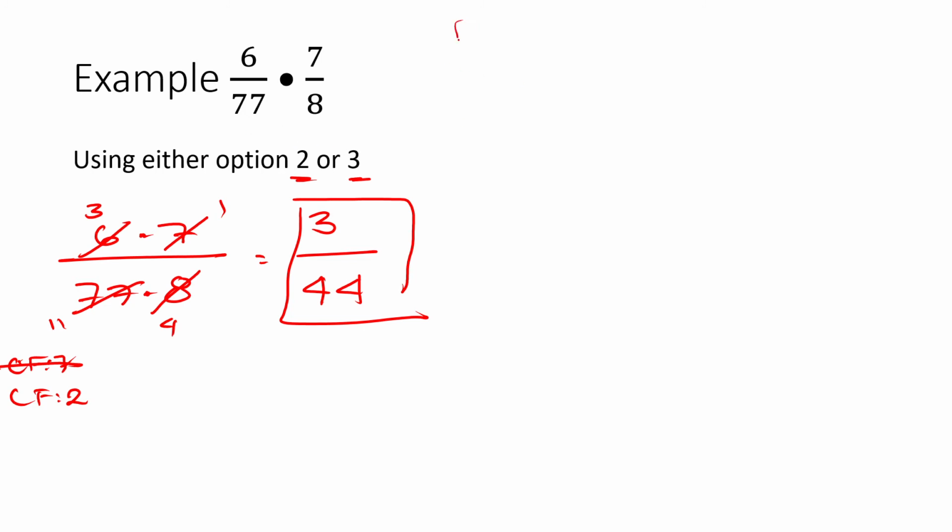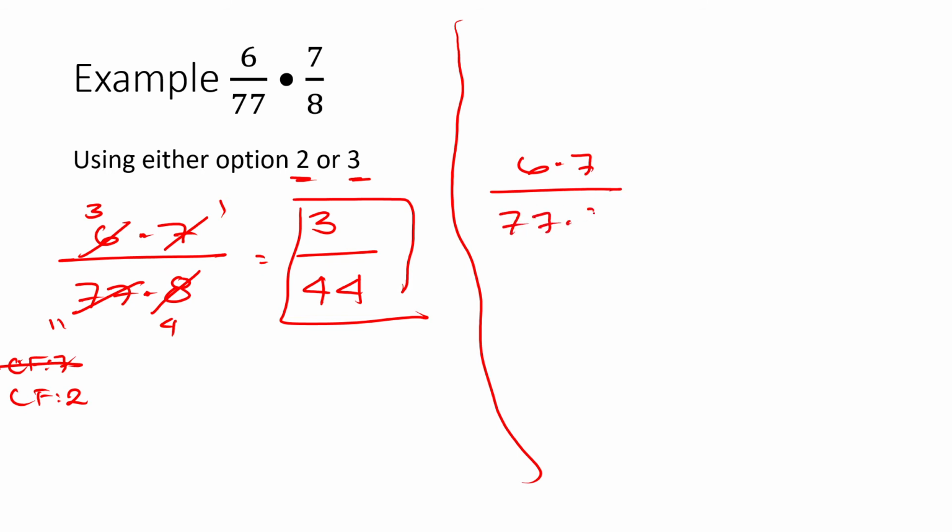Now let's say you did option 2, and that's okay. I'm not blaming you if you use option 2 or option 3. It's really up to you. So let's start with 6. 6 is 2 times 3, and 7 is 7. 77, on the other hand, is 7 times 11, and 8 is 2 times 4, or you can write 2 times 2 times 2.